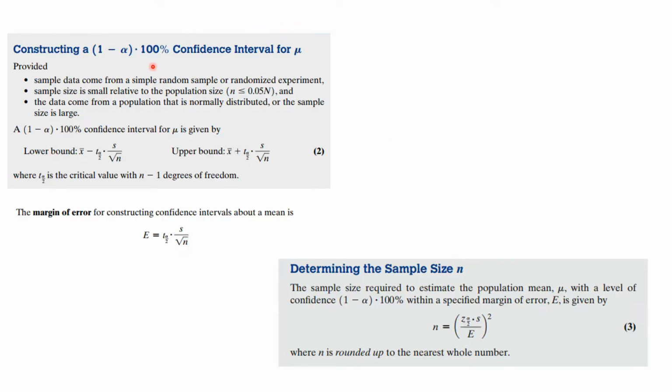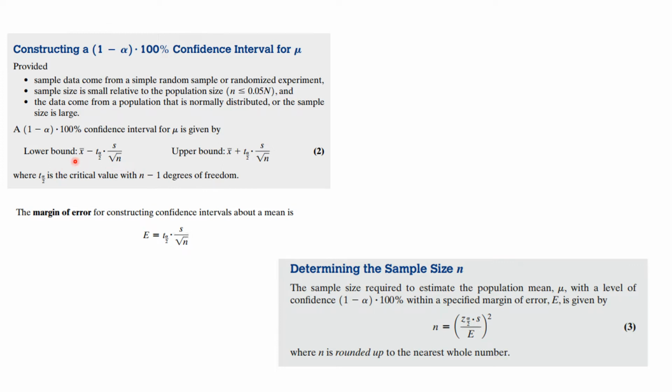Here's how we construct a confidence interval. We take a sample and compute the sample mean and the sample standard deviation, and then the lower bound of the confidence interval is x bar minus t alpha over 2 times s, that's the standard deviation, over the square root of n.